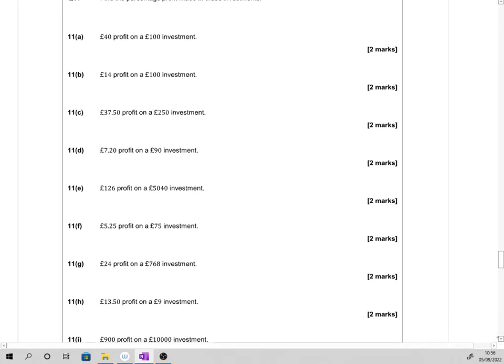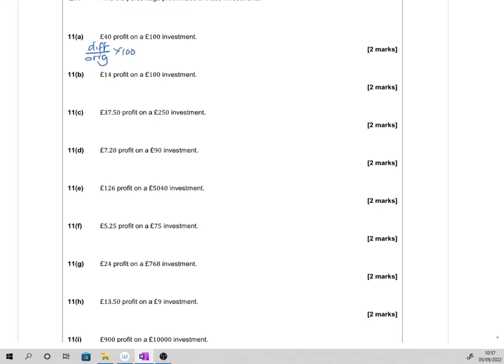Find the percentage profit made in these investments. £40 profit on a £100 investment. So we want to find the percentage: the difference over the original, times 100.